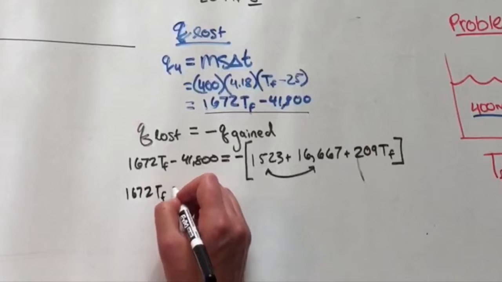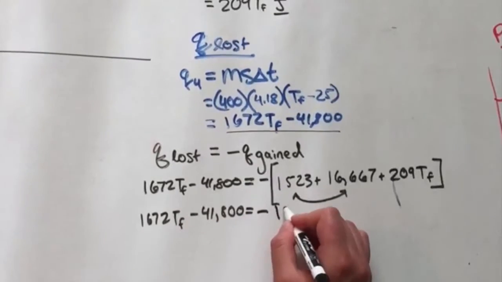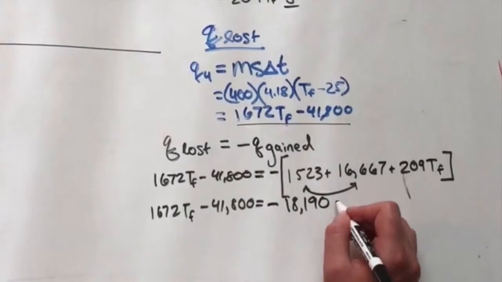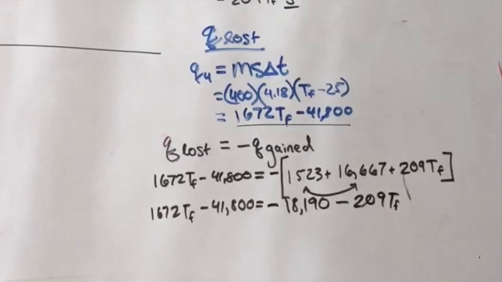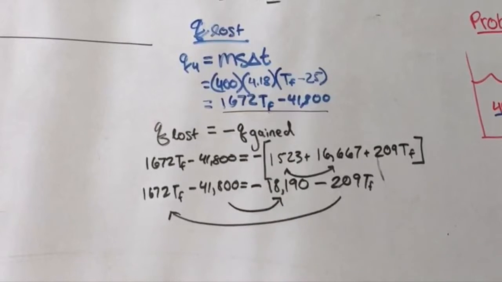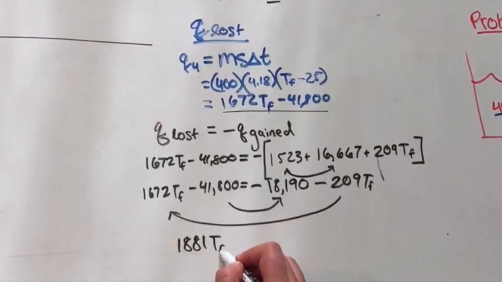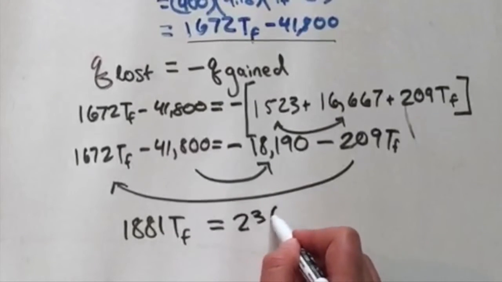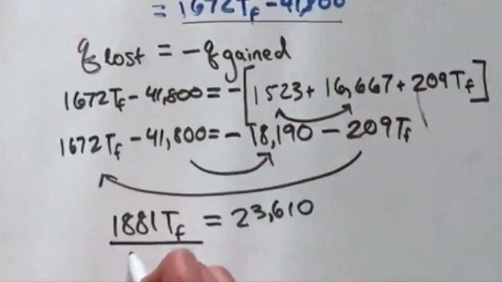So we'll distribute the negative sign and add these 2 together. So now we have 1,672 times the quantity TF minus 41,800 is equal to negative 18,190 minus 209 times the quantity TF. Then we're going to move the TFs to the left and the remaining numbers to the right, and we're left with 1,881 TF being equal to 23,610.